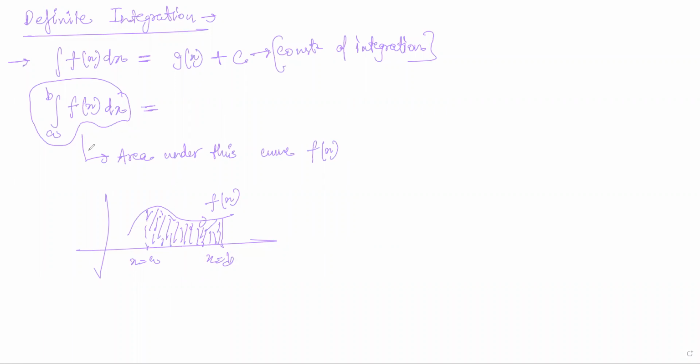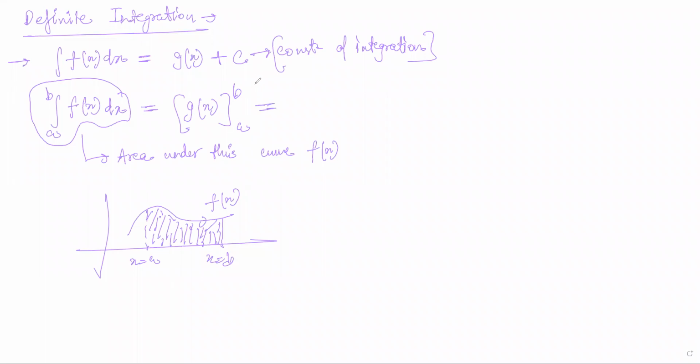So this is basically the physical interpretation of the expression which we are trying to solve, the integral of f(x) dx from a to b. Suppose the integration of f(x) was g(x). In this case, we will not use C, because we don't need C. We get this function g(x), which is then evaluated from limit a to limit b.